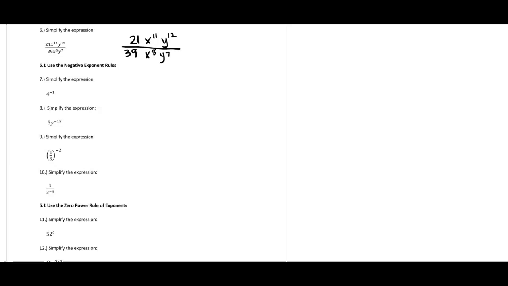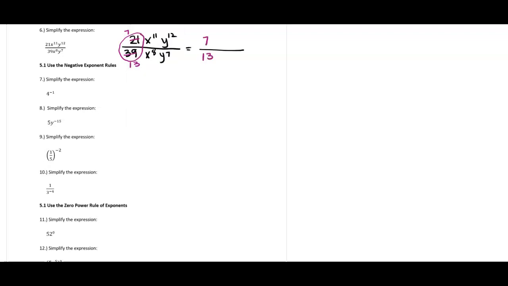So 3 will divide into both of these: 3 divides into 21 seven times and into 39 thirteen times. So for my numbers, I'm going to have 7 over 13.